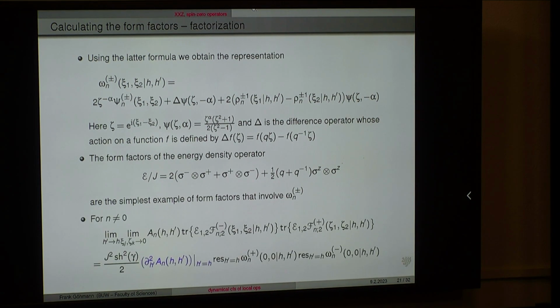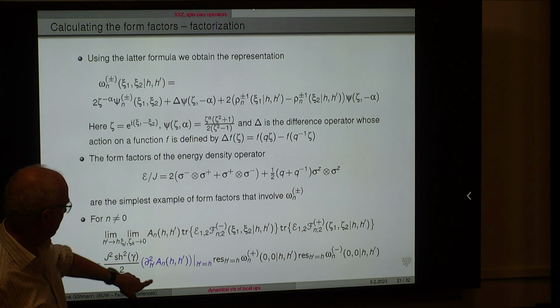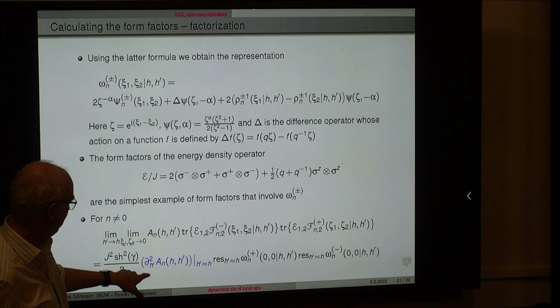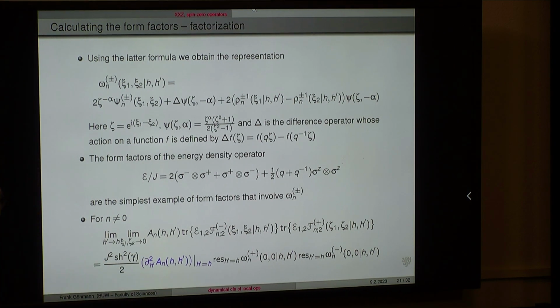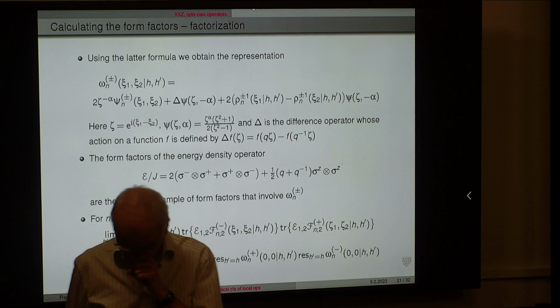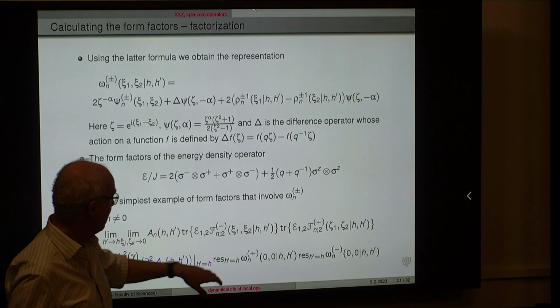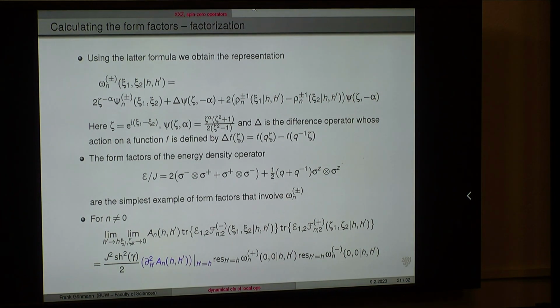So here the answer is, again, the same thing. We get the second, now you should already be used to it, the second derivative of A with respect to H prime. And now this is a difference with the density matrix case. Now these omega are also singular. They have poles in alpha of first order.